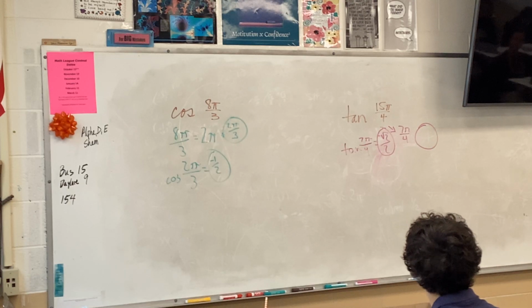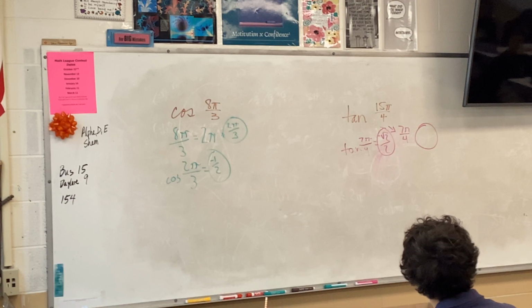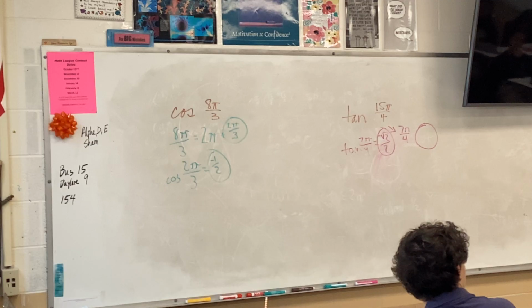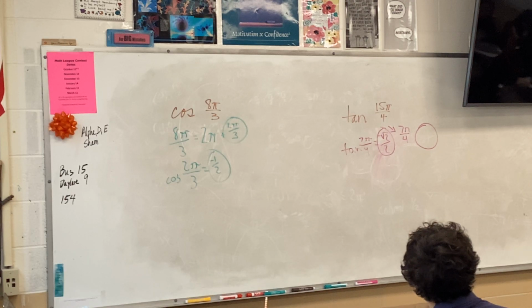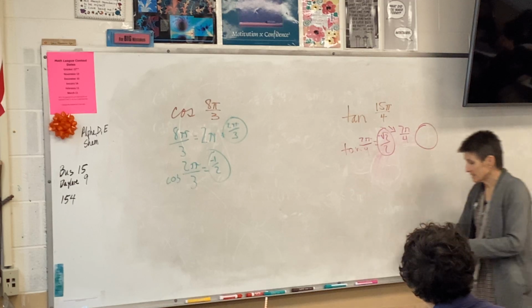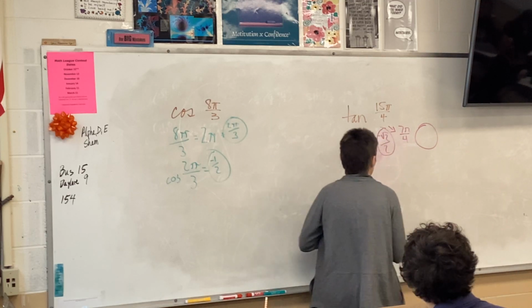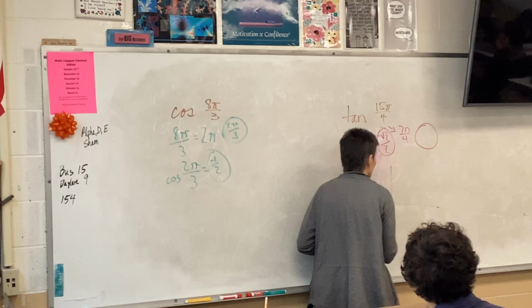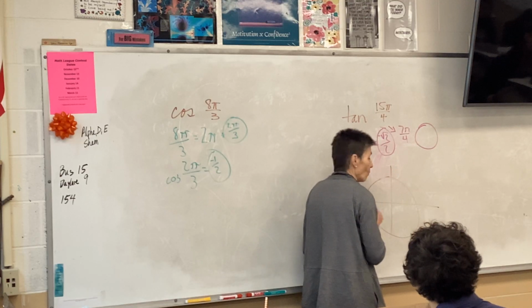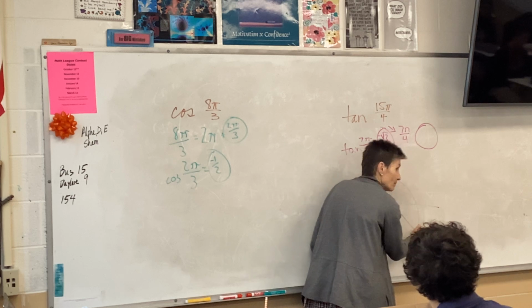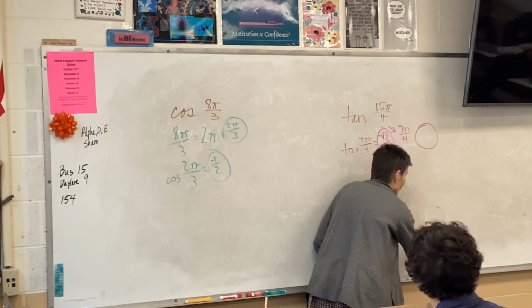And then for 15 pi over 4, that's more than a revolution, so we'll take out 8 pi over 4. And so that's why we're looking at an angle that is 7 pi over 4, which is where on my unit circle? 7 pi over 4 is right here. And what do I know about the coordinates?